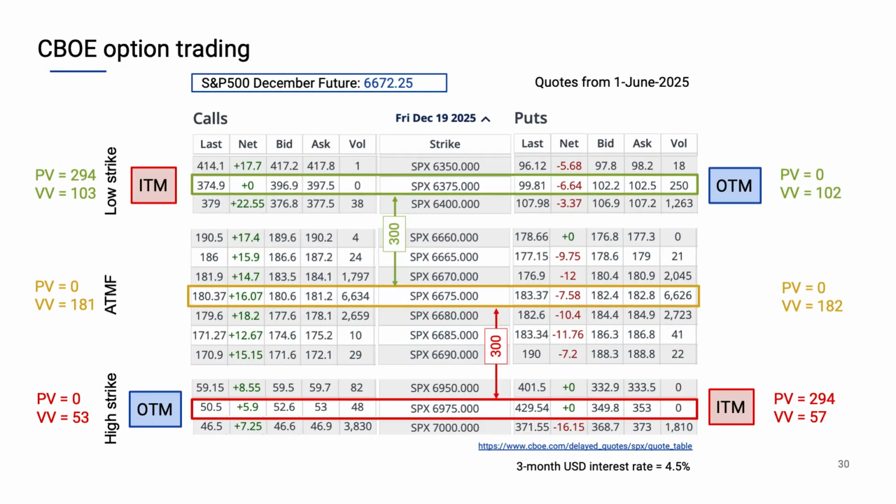Finally, we decompose the value of the at-the-money forward options. Since both the call and the put are at the money, neither has any parity value. As a result, the entire value consists of volatility value. Based on the market prices, the volatility value of both options is approximately 182.